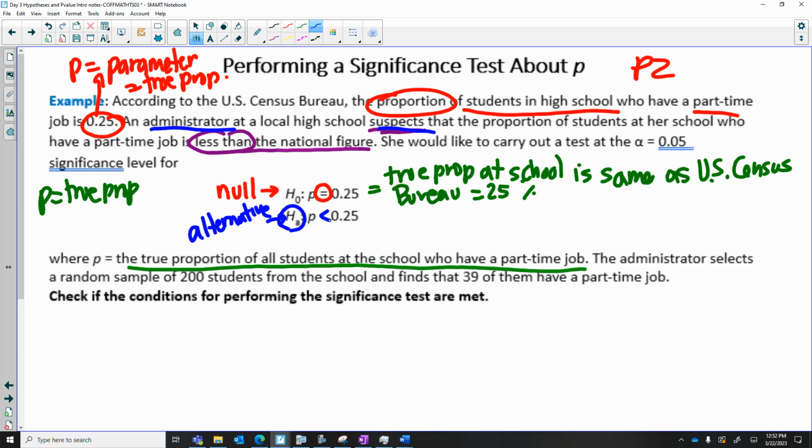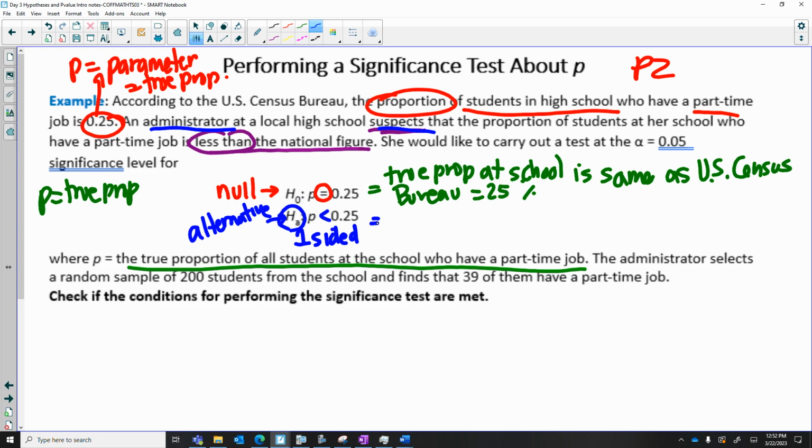Notice we use the symbol p, which is the parameter. We don't use p hat in the hypotheses, only parameters in the hypotheses. Notice you also use the equal sign in the null, and the alternative is always just either a greater than, a less than, or not equal to. This is called a one-sided tail because it's just a less than sign.